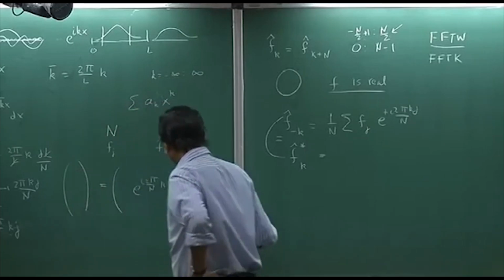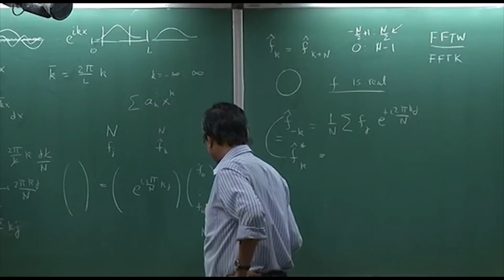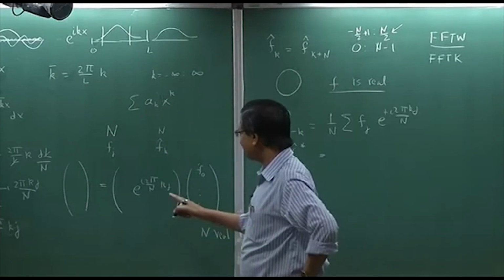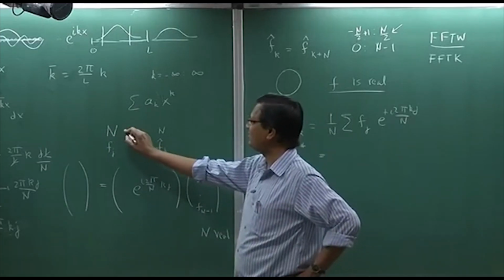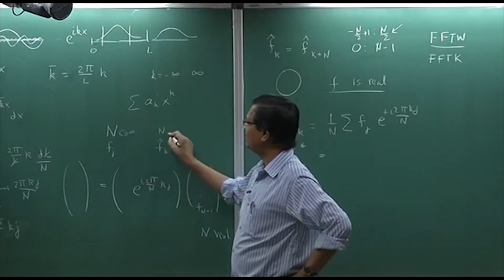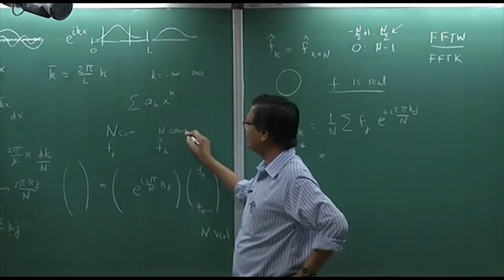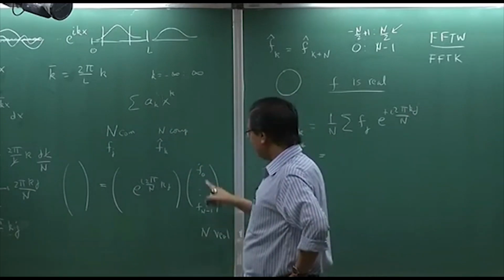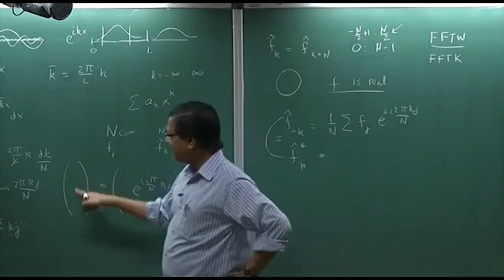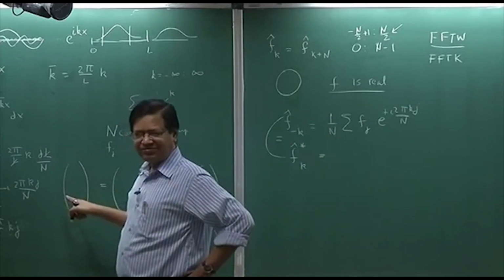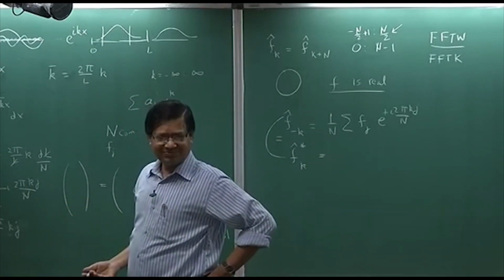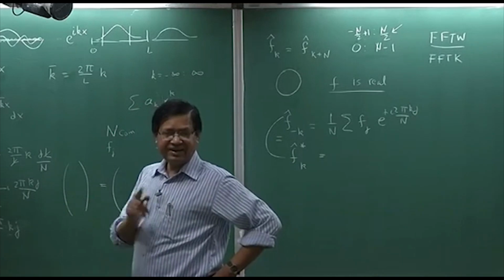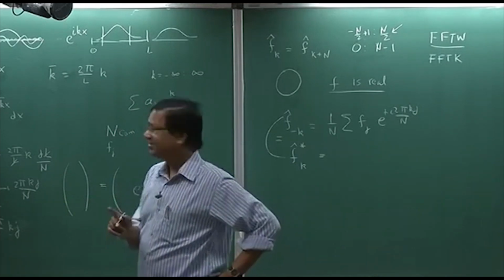So, this is n real numbers. In my earlier definition, I was assuming these were all complex. If this is real, then this must be only n real numbers. If I have more than that, then it is a problem. N real numbers, not n complex numbers.